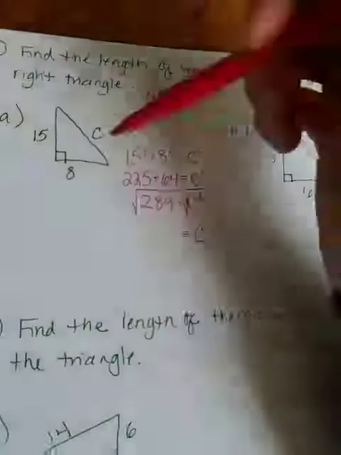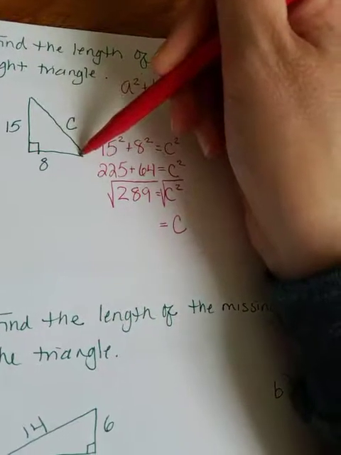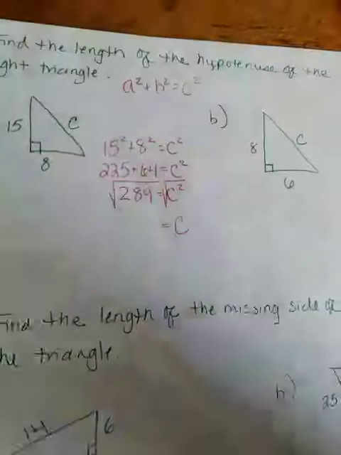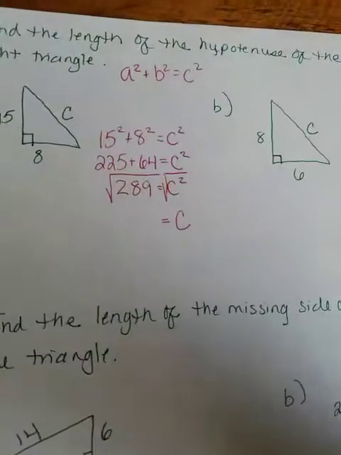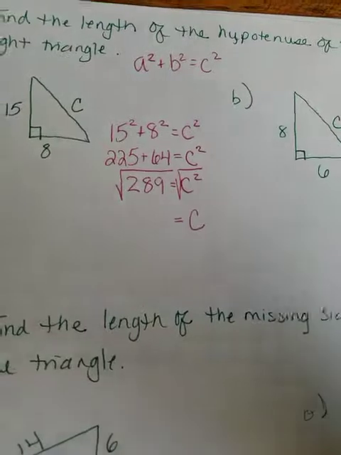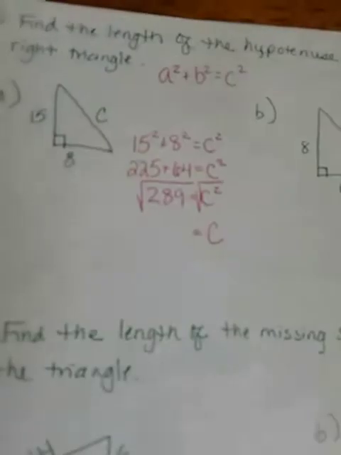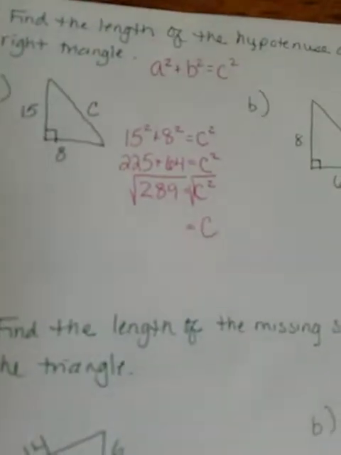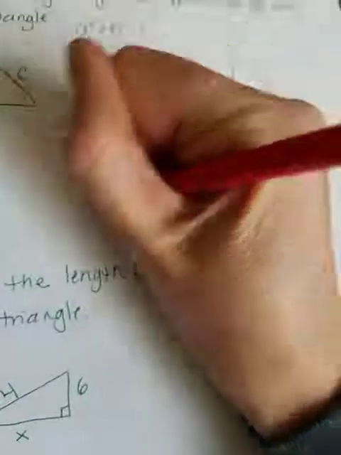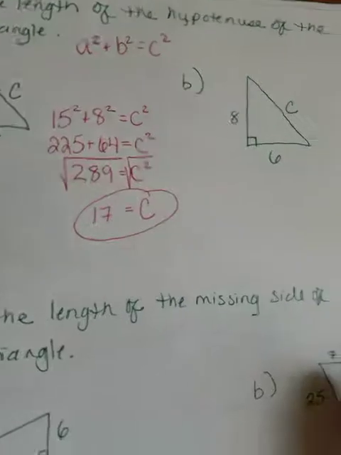But in this whole section, we are only dealing with positive answers because we're looking at lengths of triangles, which can only be positive. So you will not, for these problems, be writing plus or minus. If you look at your perfect square sheet or use your calculator, the square root of 289 is 17. So my answer is 17. That's the length of the hypotenuse.